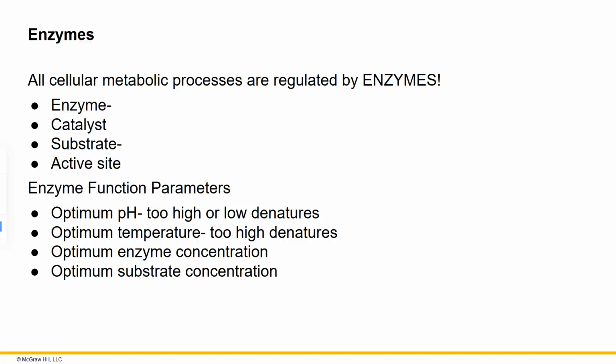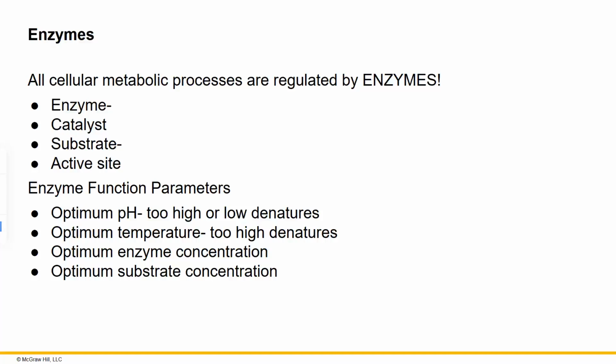So if it denatures, that means it unfolds and it's no longer functional. So it doesn't completely digest or break down, it just unfolds. And an unfolded enzyme, if you remember learning about primary, secondary, tertiary, and quaternary protein structure in general A&P or in another class, that quaternary structure, that folding of the protein into a functional protein, if it's not folded properly, it's not going to function properly.